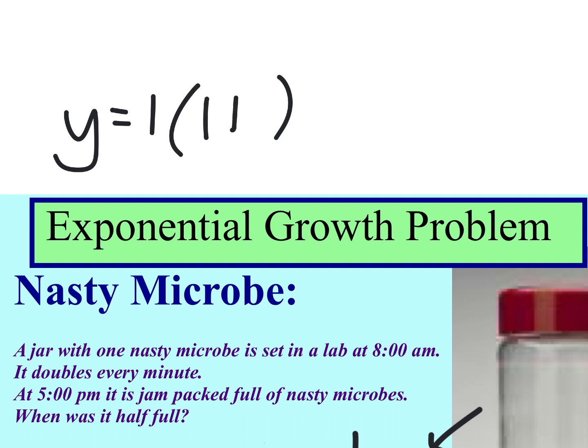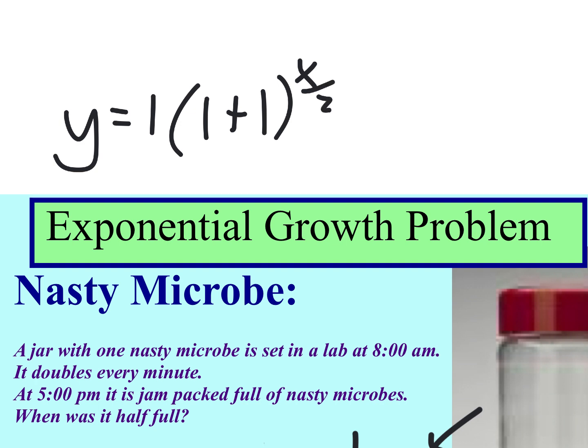Do you get that's 1 plus 100% growth? That'd be the same as a 2, of course, but I'm writing it separately. Good. Now I'm going to say it doubles every minute. Do you get if I just say x is minutes, then I could just say x, and I'm done. What if I had said it doubles every 2 minutes?